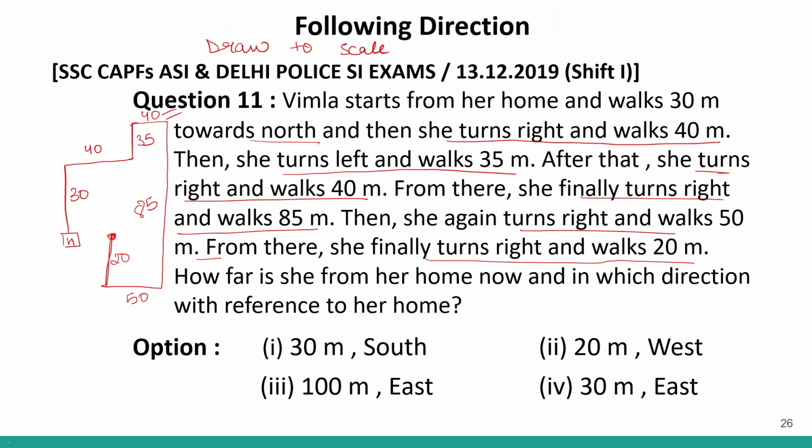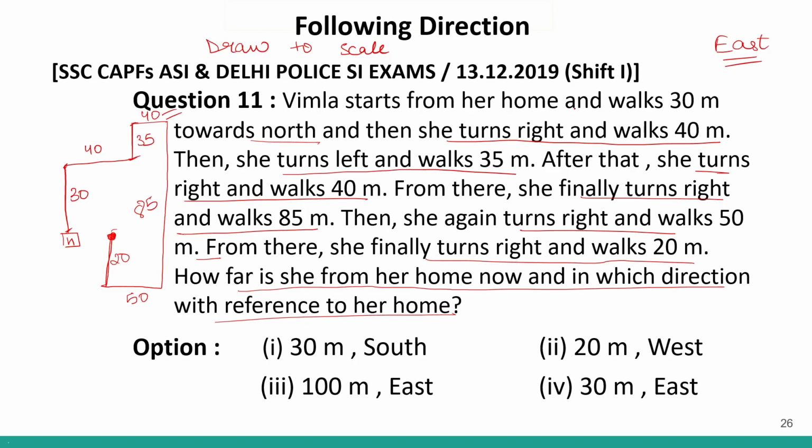If you see, this is 35 and this is 30. So this will be 65 plus 20, 85. So this final position will be towards the east of the house. Clear? Now we have to find out how far she is from the house and in which direction with reference to her home. So clearly we find out she is towards the east.